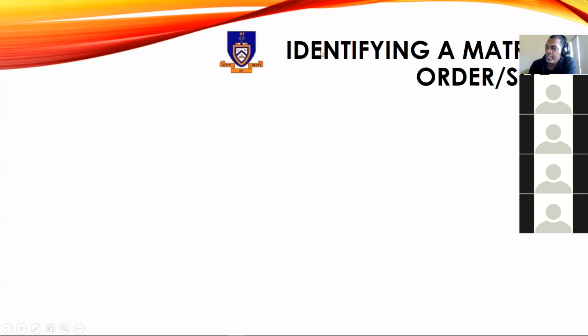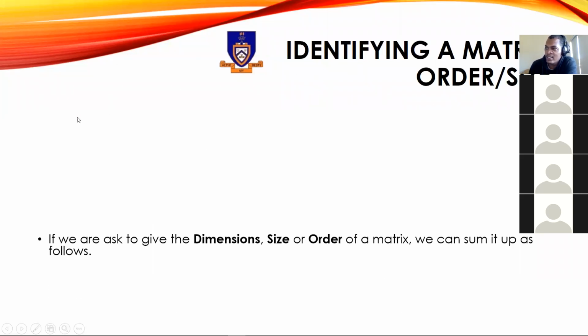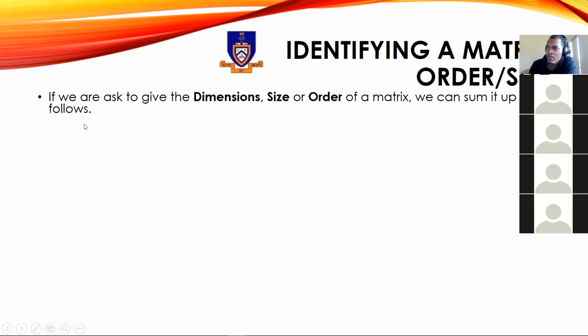Okay, so let's look at identifying a matrix using the order or the size or the dimension, as I've talked about. In question papers, depending on who sets them, the words will change, as we normally see. This is where teachers are important.